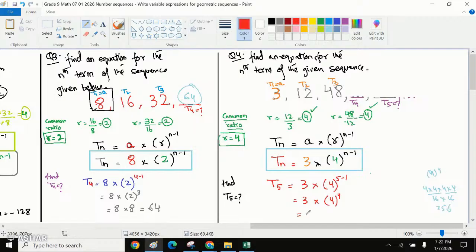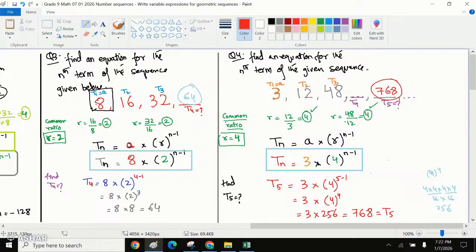So when we say 3 is multiplied by 256, the answer should be 768. 768 is the term number 5, and that is 4 times of the previous term.